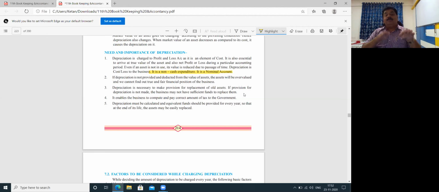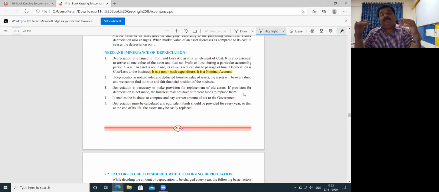What will happen? See, on one side, for example, this is the machinery and this is your provision. The value of the machinery will keep reducing, the provision will keep increasing. The machinery will become zero and the provision will become equal to the value of the asset or more than that. Now you can easily buy a new asset.